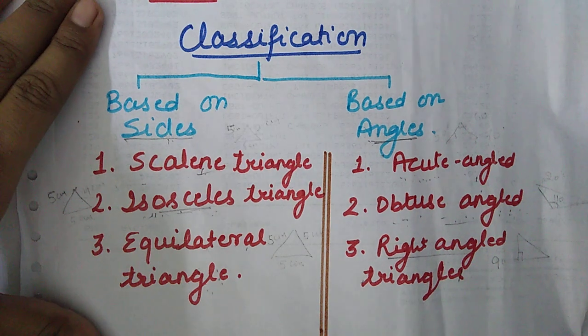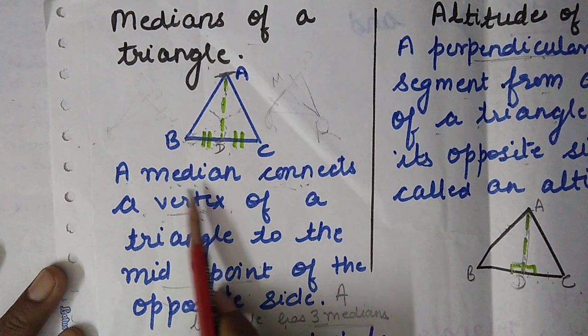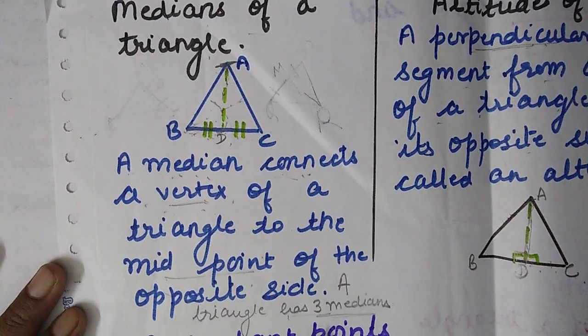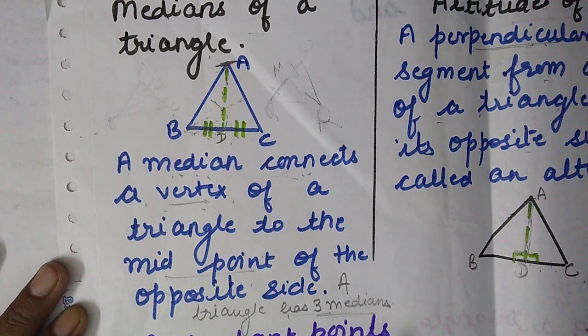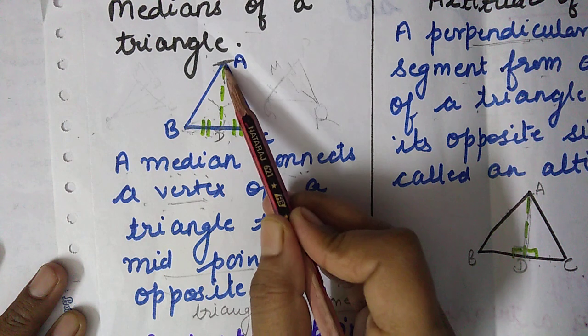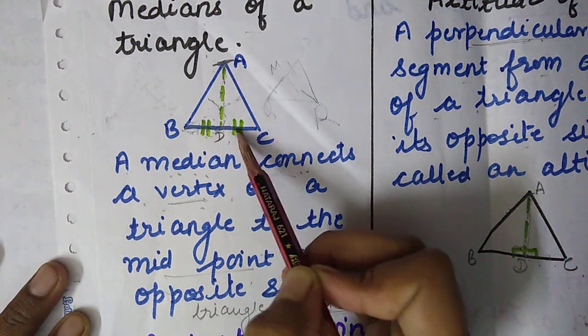After that, we have learned about median and altitude. So a median connects a vertex of a triangle to the midpoint of the opposite side, and a triangle has 3 medians. A median is a line segment that connects any of the vertex to the opposite side and bisects that opposite side.